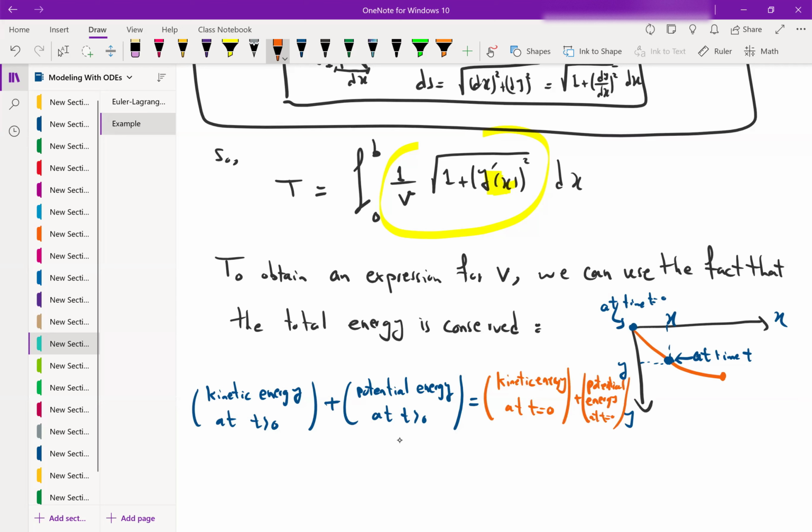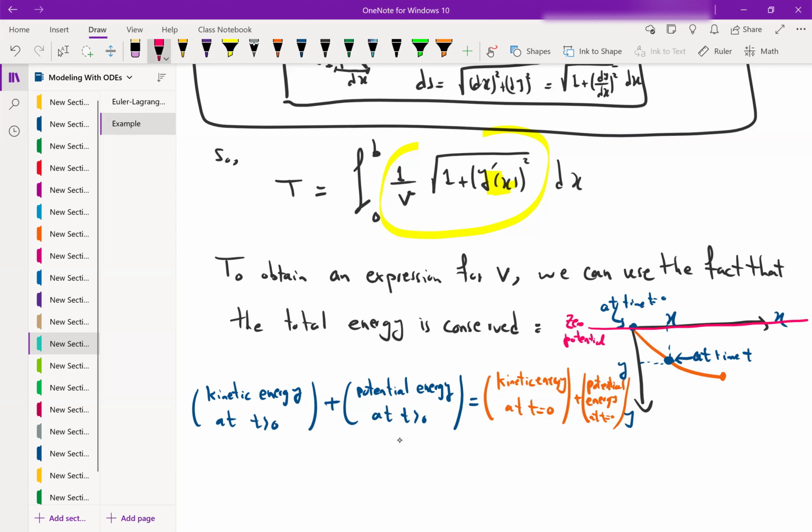My friends, the potential energy due to gravity is mgh. What this h is, you have to choose a level as the level of zero potential energy. I'm going to consider the level where the bead is at time t equals 0 as the level of zero potential energy. It doesn't matter where you consider the zero potential.